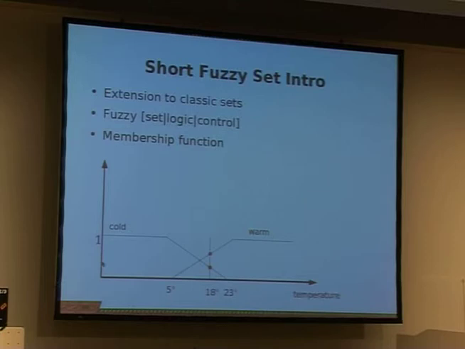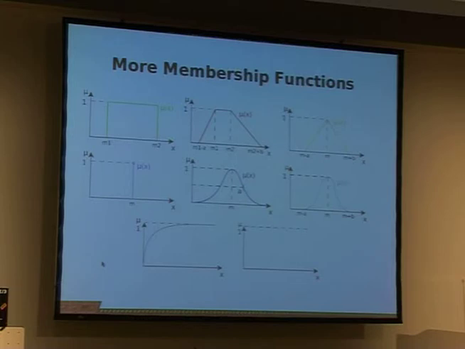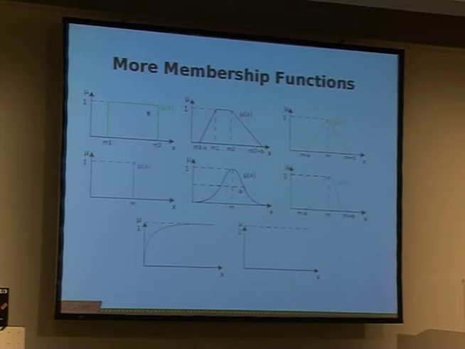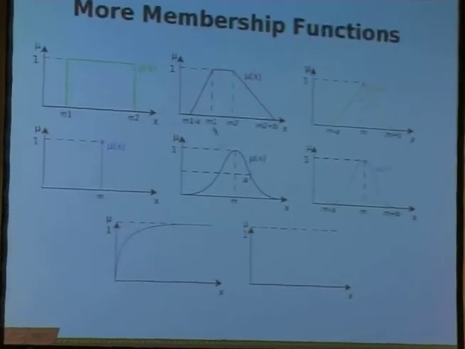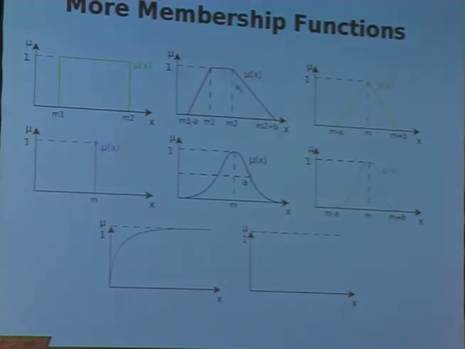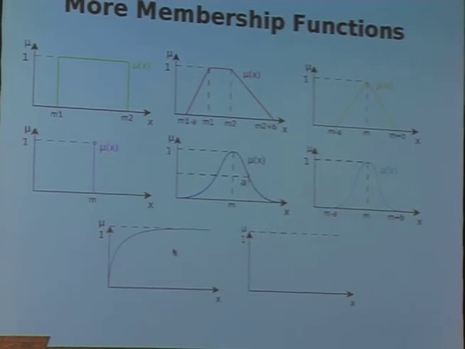So fuzzy sets are more a mathematical representation of how humans use this term set. Of course, you can have many more membership functions. Here are a few of them. The first one is this sharp classical set. You also can have trapezoid membership functions, triangular ones, and you can use Gauss functions or E functions, and there are many more.